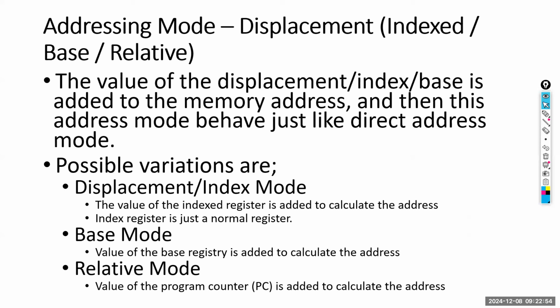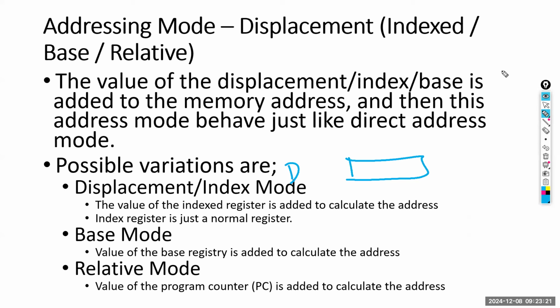This is very much similar to direct. Direct means your operand contains an address. But if the question says it is displacement or index or base or relative, that means there's another register in the processor called the base register or displacement register. I told you that the processor has some other registers as well, like status registers and so on.